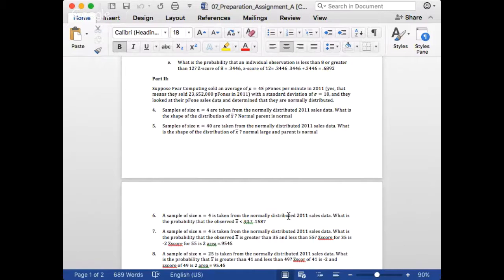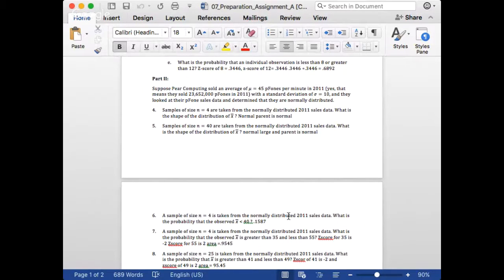So 40 minus 45. Then here's where it gets a little tricky. You divide all that by, and I use parentheses in my calculator, because it's a sample, it's not simply the standard deviation, which is 10. It's 10 divided by the square root of the sample size, 4.